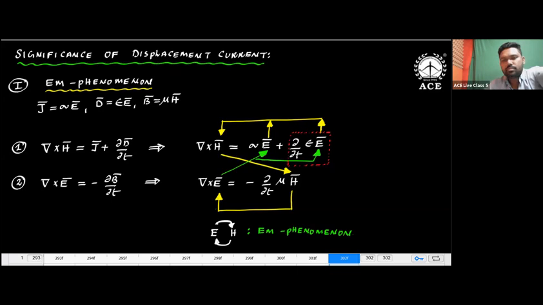Then we'll see how current flow happens between the plates of a capacitor. We'll also see how circuit theory is developed from the EM theory, followed by the numericals, followed by the boundary conditions. Yes, fine. So now the session is open for your doubts.